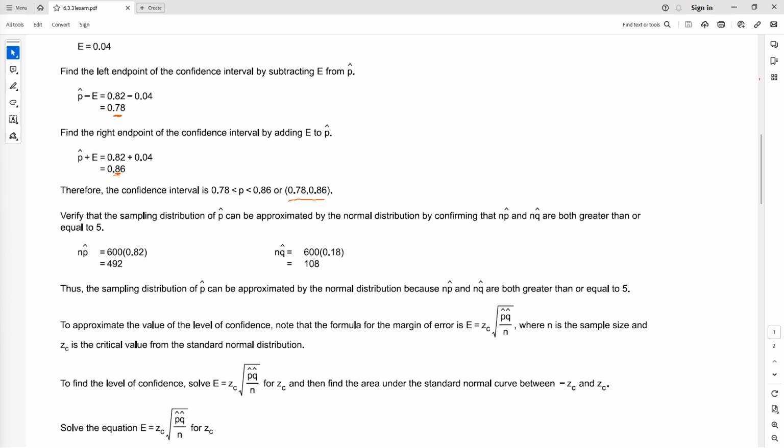To approximate the level of confidence, we can take this formula and solve it for the z-score, c sub z, the critical value of the standard normal distribution.